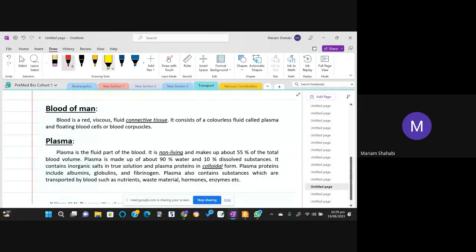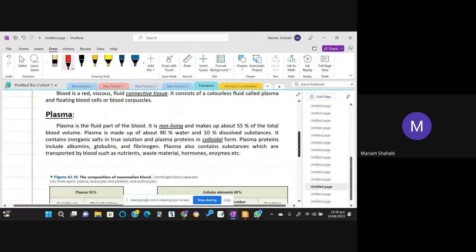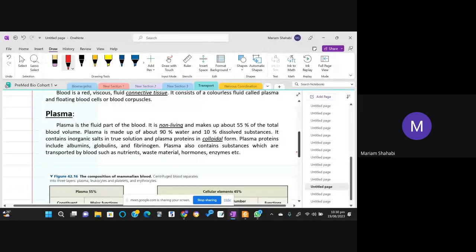Now blood has 2 parts, 2 components: plasma plus cells. Plasma is fluid and cells are obviously like solid. So plasma is the fluid part of the blood. It is non-living because no cells, and makes up about 55%. Now remember the percentage. It is made up of 90% water, 10% dissolved substances.